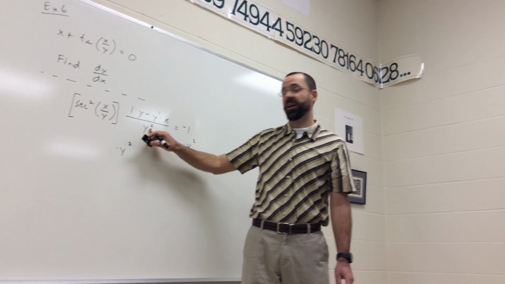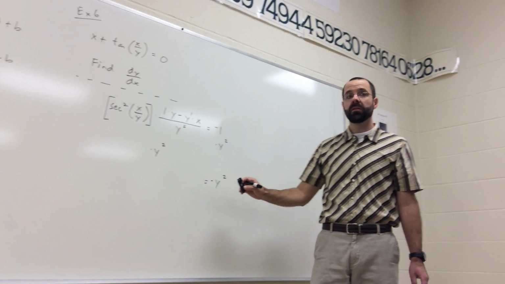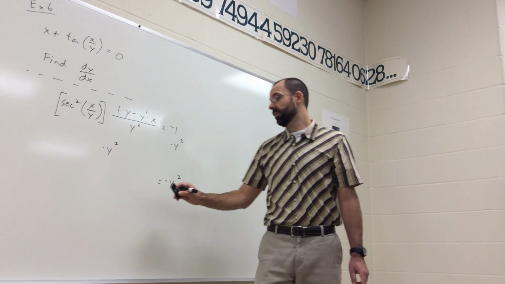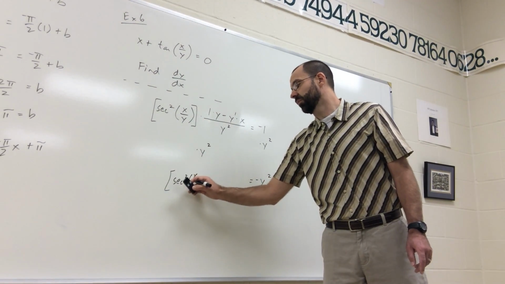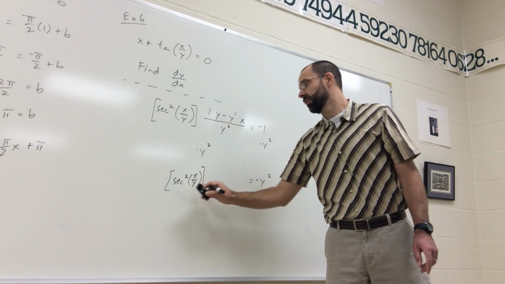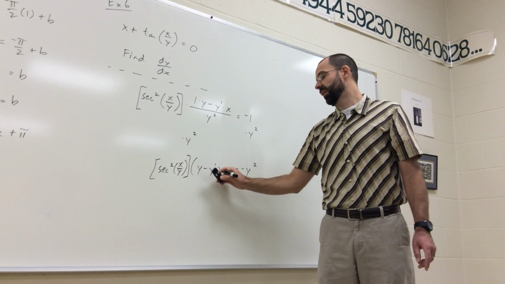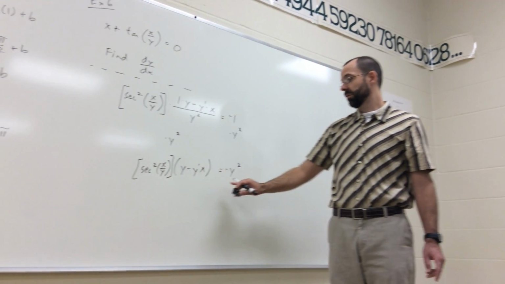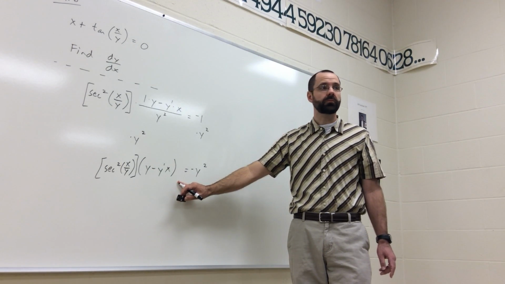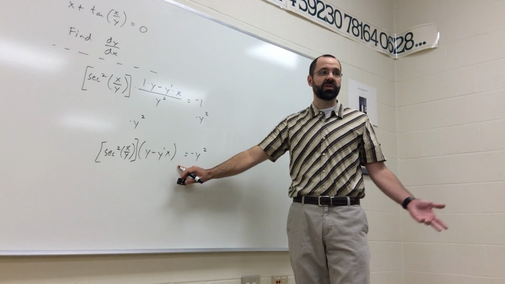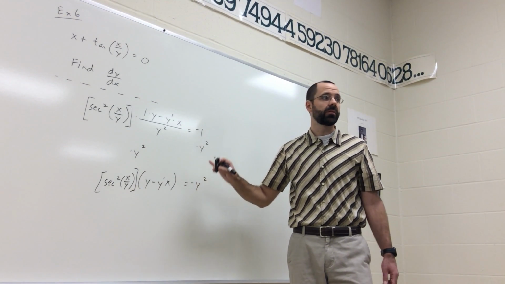So that'll cross this out. This side will be -y squared. Okay, so what I've got over here is secant squared of x over y times y minus y prime x. And the reason the y squared is not there anymore is because I've multiplied it to the other side.